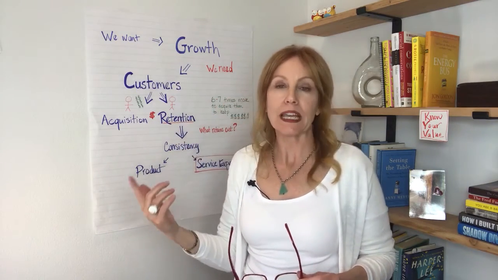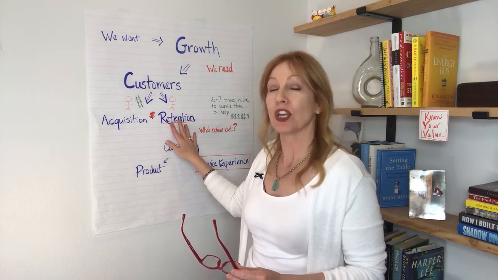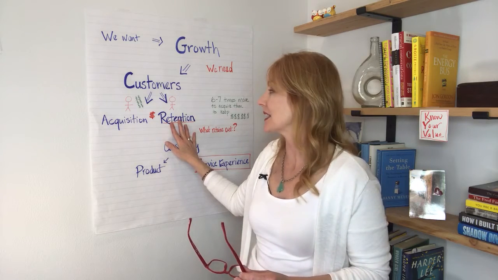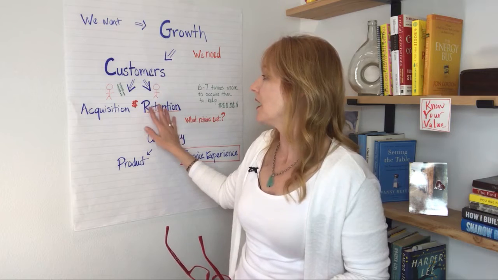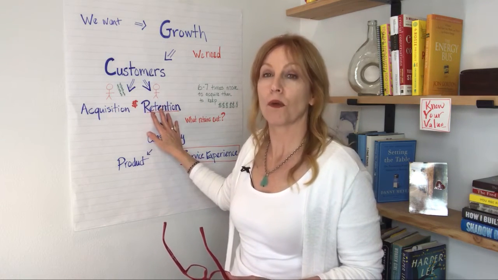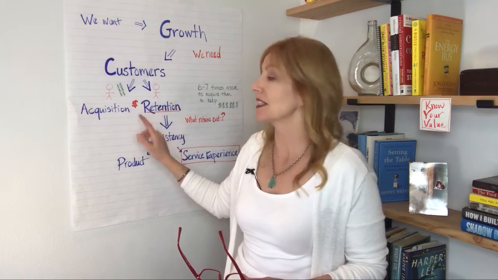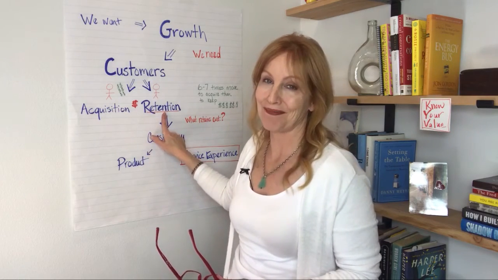If I am an employee and I know my value and I know that I can make a huge difference on the profit margin and the bottom line of this business, I have got to understand the difference between acquisition and retention and how very important it is for me to influence the day of this customer that is coming into the business, whether it's the first time or the 10th time.